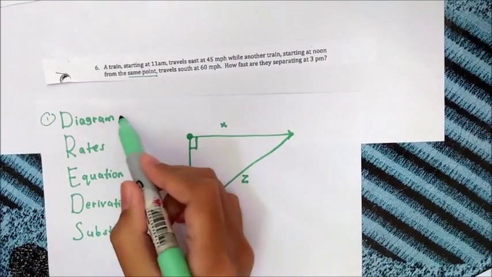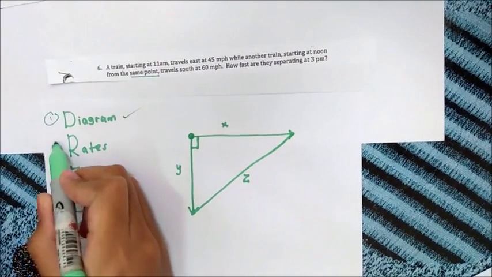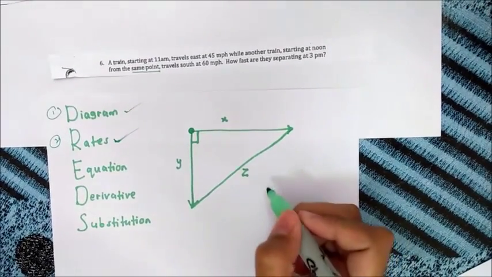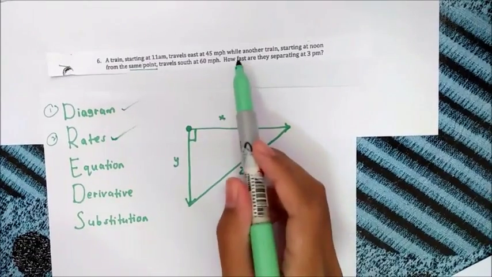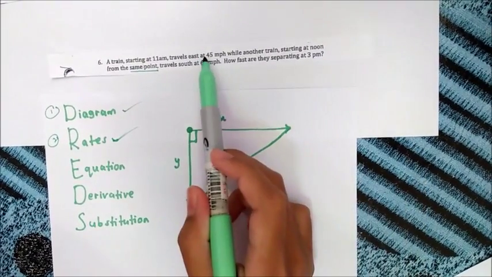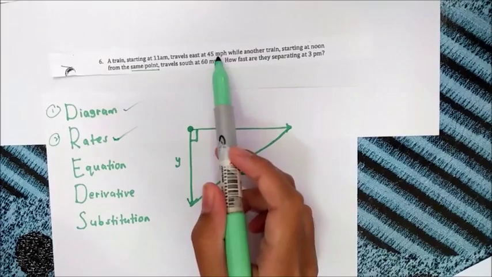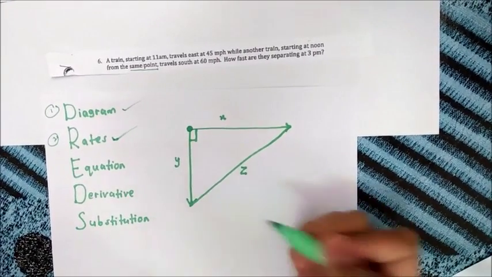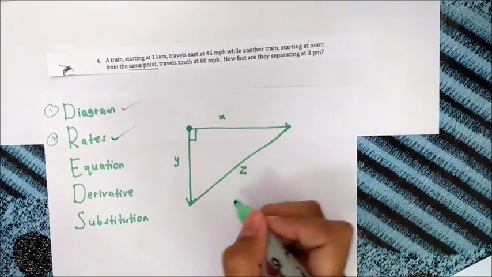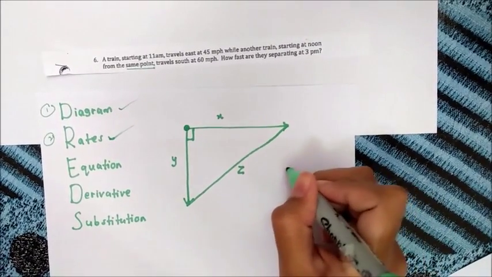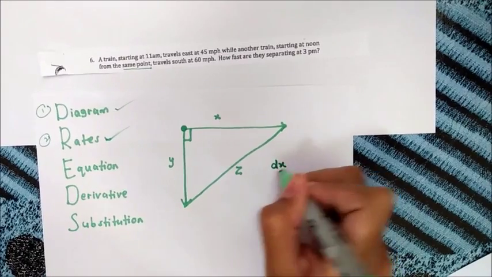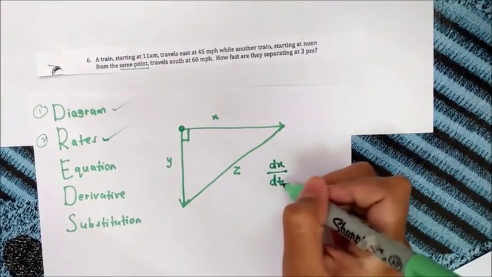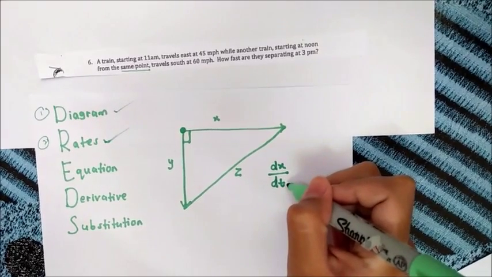Since we have solved the first step, now we have the second step, that is the rates. The rates we can obtain from the question itself, where this one is 45 mph or miles per hour. Miles is like distance, kilometer, meter. So I can identify this as dx over dt. How could I know it is dx over dt? dt represents the time.